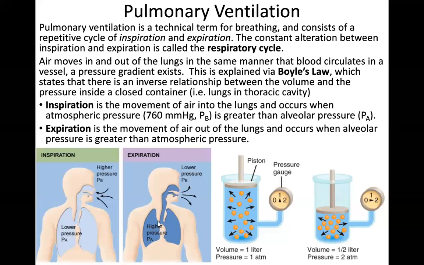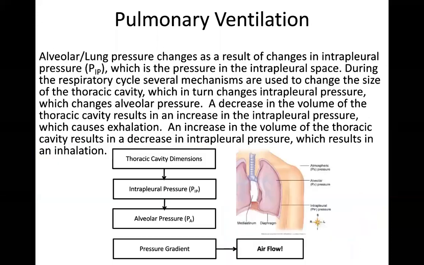Now you might be wondering, how do we change the volume of the lungs to change the pressure in our lungs? Well, it goes back to those two membranes I was talking about earlier. What we call the parietal and the visceral pleura that like to stick to one another.